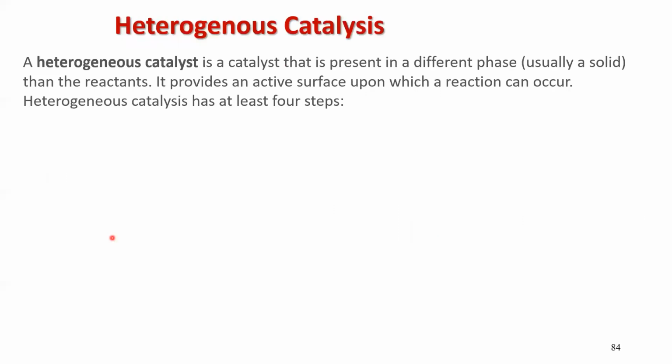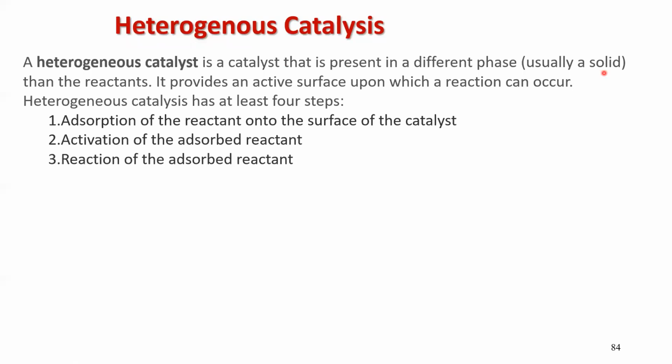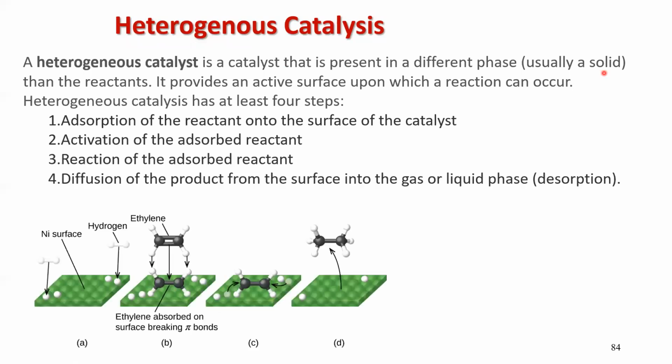Now, heterogeneous catalysts are named because the catalyst is in a different phase than the reactants. And typically, heterogeneous catalysts are solids. They don't always have to be, but they're typically solids. And essentially, there are 4 steps that take place when we look at heterogeneous catalysts, okay?